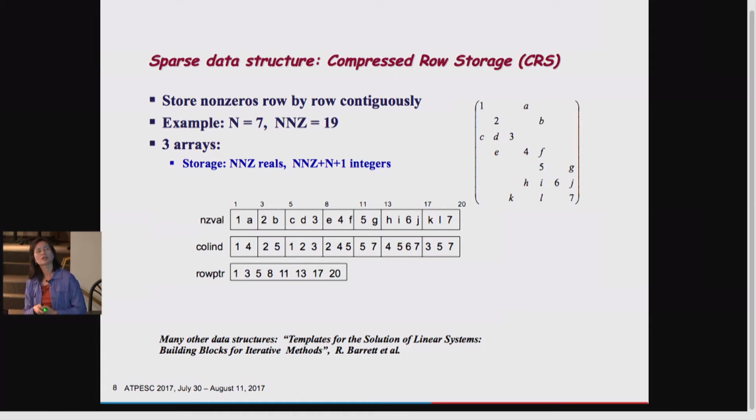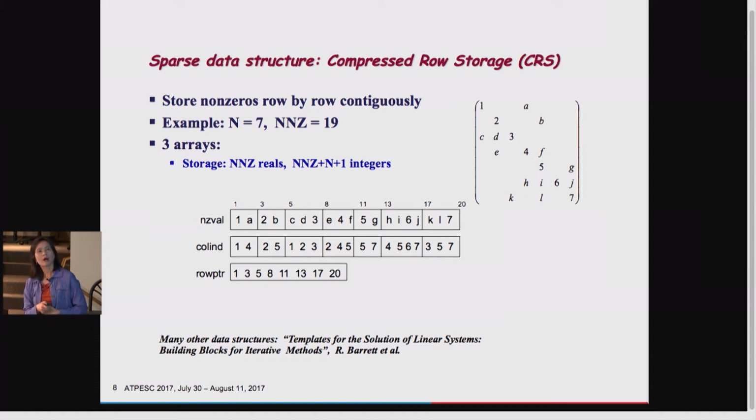In this picture, I show you the compressed row storage. So n is the dimension of the matrix, in this case 7 by 7. And the number of non-zeros is 19, only those non-zeros there. What you do is you store row by row. It's 1, A, 2, B, then C, D, 3, etc. So it's by row.